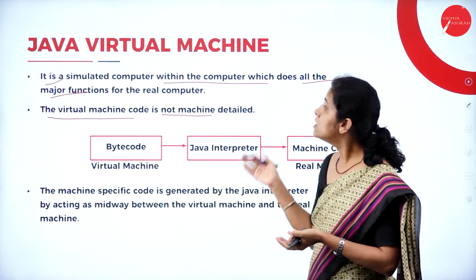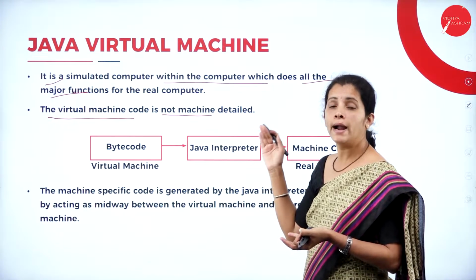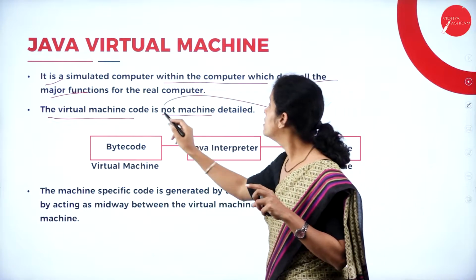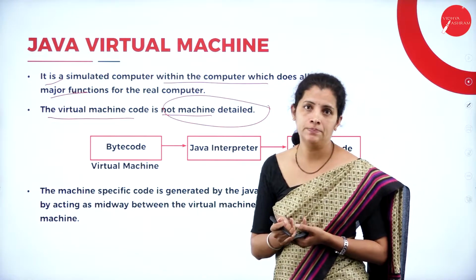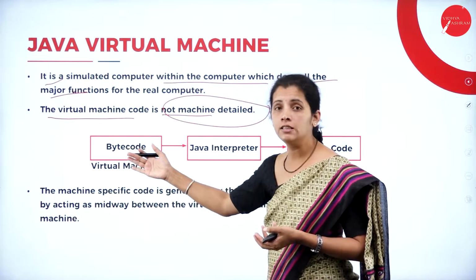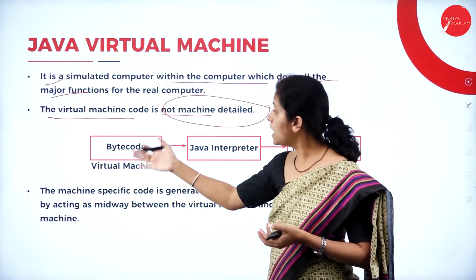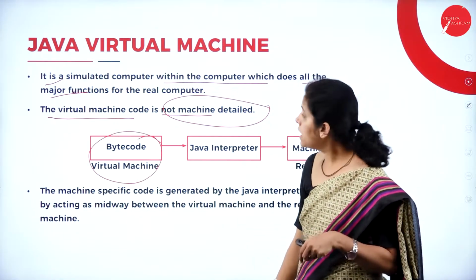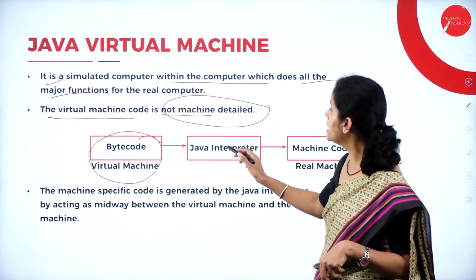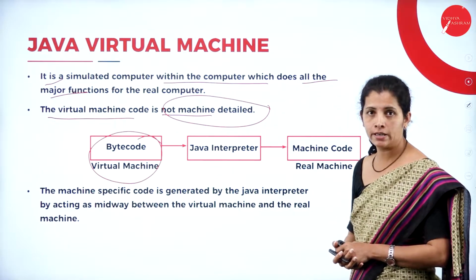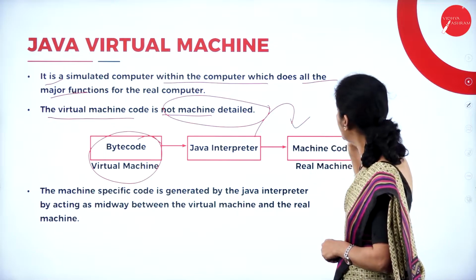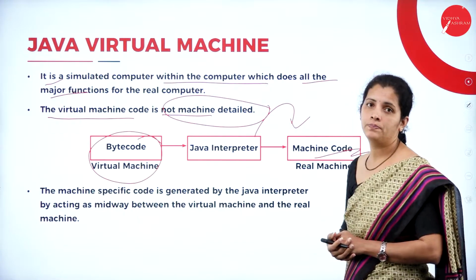Whatever virtual code, that is bytecode, we get is not machine detailed. Now, what's the input to the virtual machine? That is the bytecode. Whatever output I get from the virtual machine is the input to the Java interpreter. Now, the Java interpreter converts that into machine code.